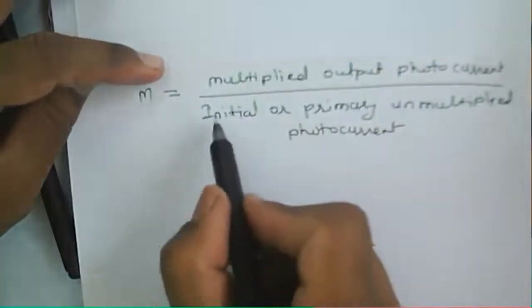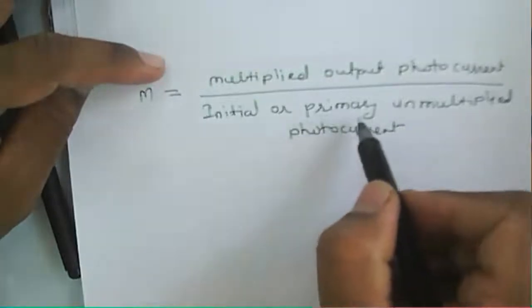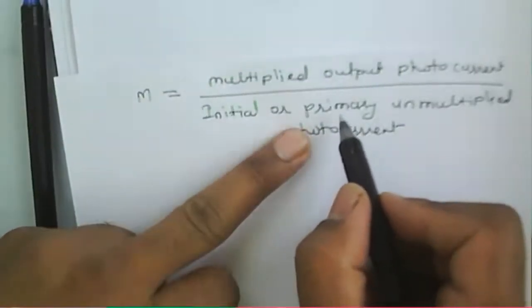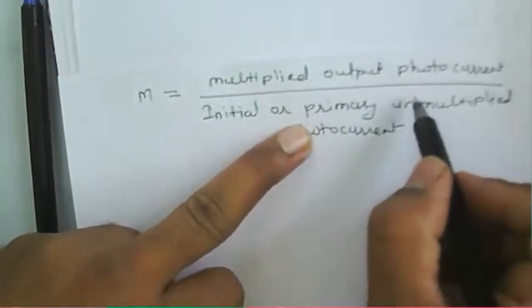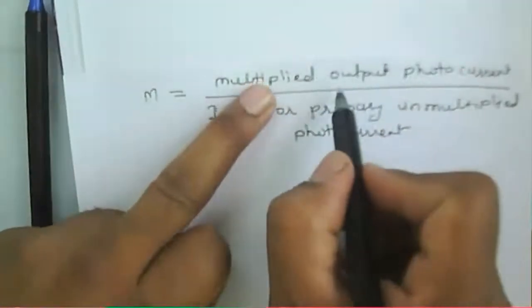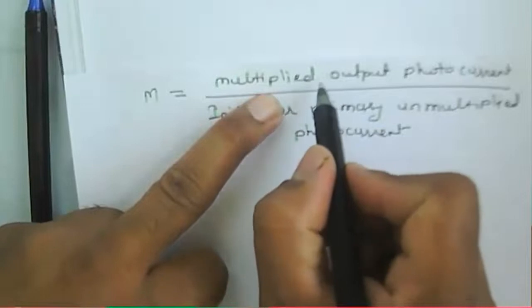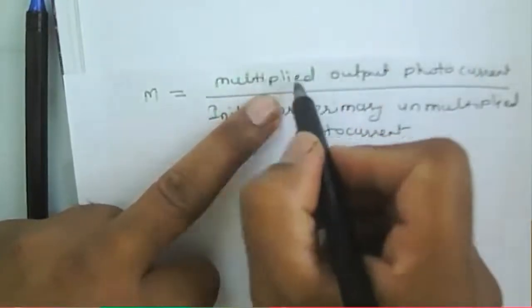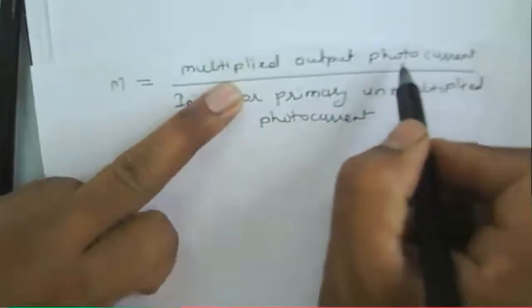Means what? This one is before generation of the more EHPs, that current, and this one is after generation of the more electron hole pairs, so that we get the multiplied output current.